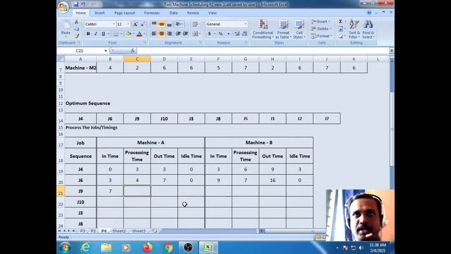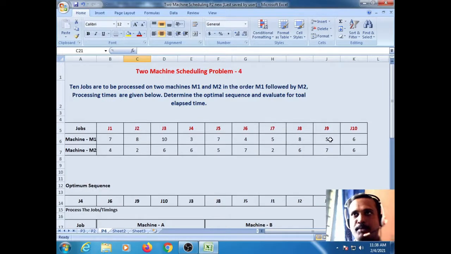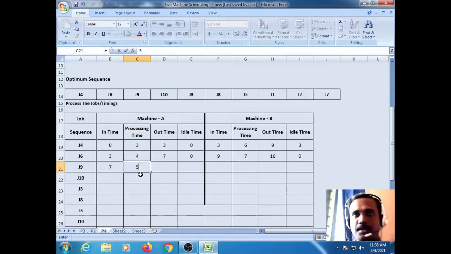Here we have to take the processing time for job 9, that is 5. So 7 plus 5, then the idle time is again 0. The previous job out time is 7, the present job in time is 7. So there is no gap in between. So 0 is the idle time.